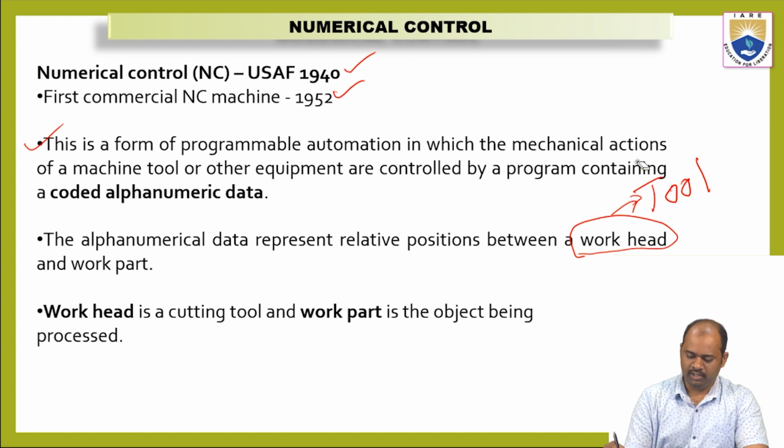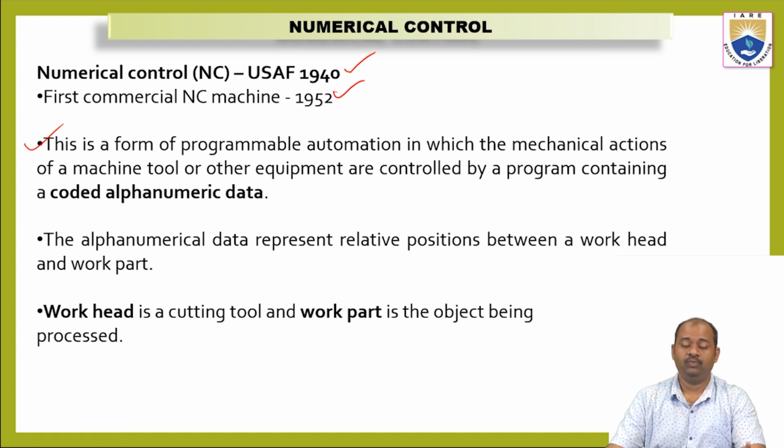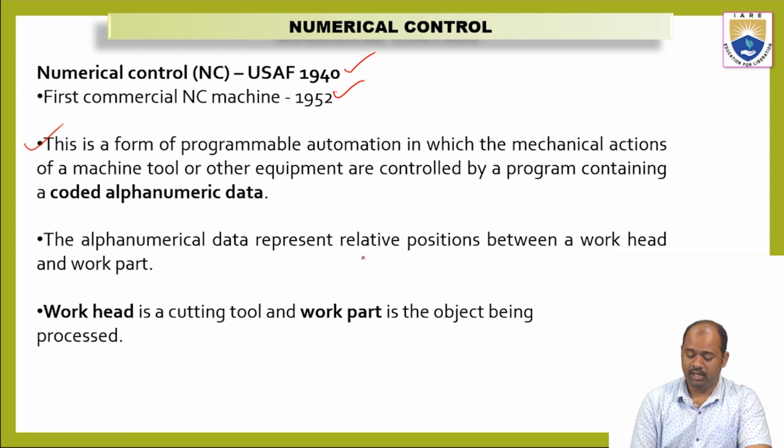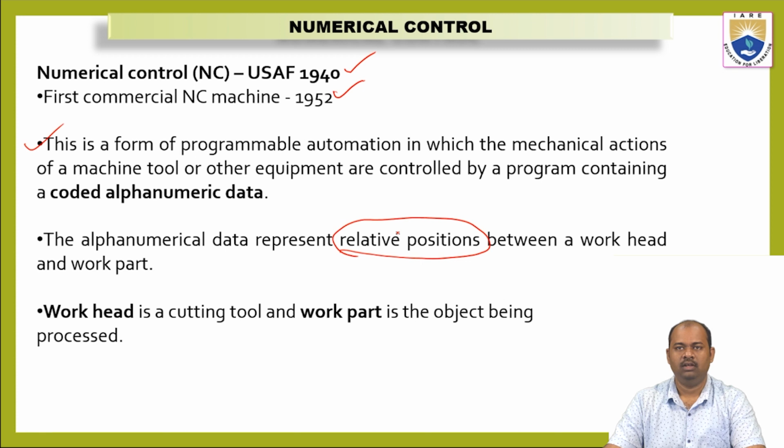Now let us see this point. The alphanumerical data represents the relative position between work head and work part. What is the relative position? Suppose I take the example of a lathe machine. In a lathe machine, we have a chuck rotating at a certain RPM.